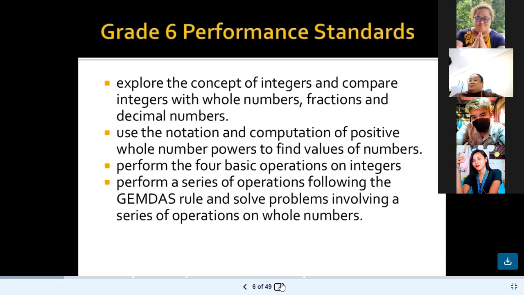Then perform the 4 basic operation on integers. So ang example sini is, like example, mag-multiply ka sang dalawa ka numbers, then i-compute mo sila nga dalawa para makita mo nga ga-operate ang dalawa ka numbers, ma'am. Then perform a series of operations following the GEMDAS rules and solve problem involving a series of operation on whole numbers.